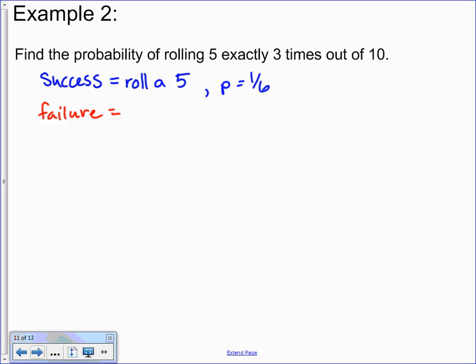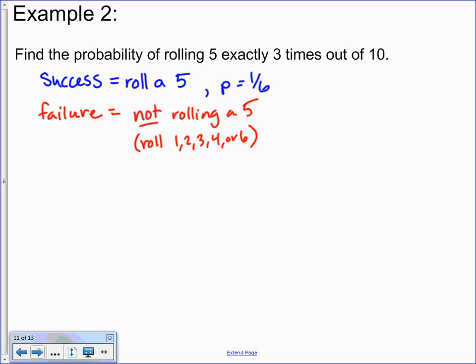What were you going to say, Kylie? Rolling anything but a 5. So I'm going to write that as not rolling a 5. And then we could write what Faith said, roll a 1, a 2, a 3, a 4, or a 6. Those are all failures.